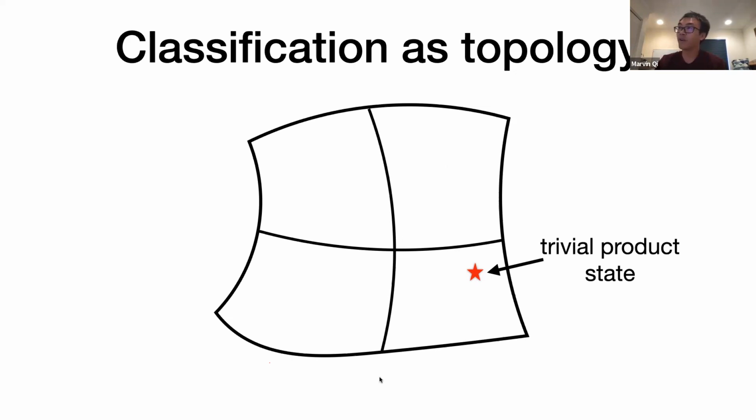Once I've thrown away these gapless points, it's clear that there are systems that I can't reach from the trivial product state by adiabatic deformation while keeping the gap open. And so we would label these phases as being different. We can assign some labels to this. This one is the trivial phase because it contains the trivial product state, but we might also have some spontaneous symmetry breaking or topological order or SPT or what have you.